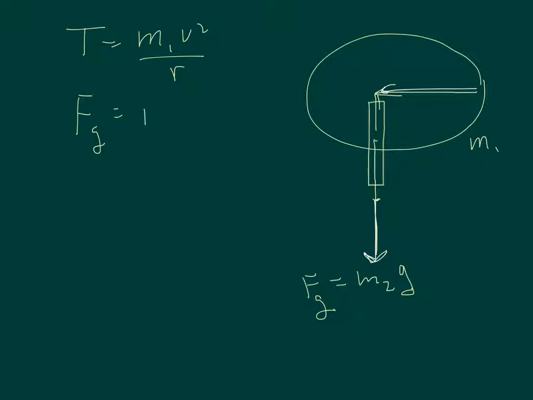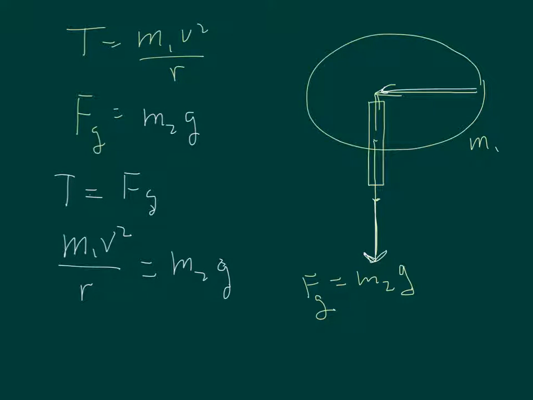So the gravitational force is M2 times G. Therefore, the tangential force must be equal to the gravitational force, and we have M1 V squared over R is equal to M2 G.